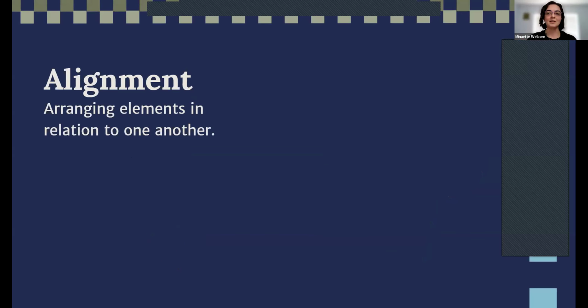So alignment. Alignment is one of the elements of design, right? And that is arranging elements in relation to one another. So where you have things in your design is going to determine where the eye falls first, second, third, and so on.